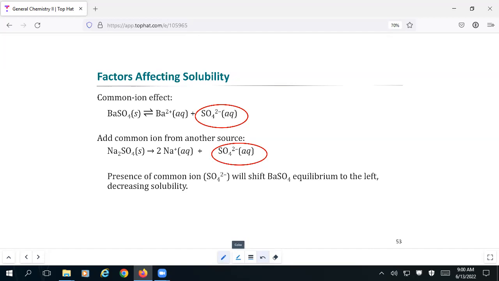If I introduce sodium sulfate, which is soluble because sodium ion is extremely soluble in water, into this solution, that is going to add to the concentration of sulfate. So the concentration is going to pick up, which is going to push that equilibrium to the left, making the solubility of barium sulfate that much lower.